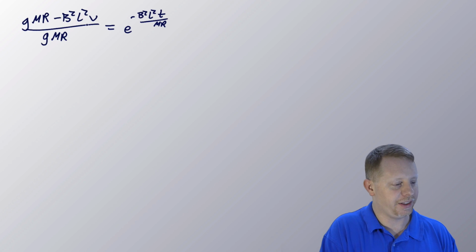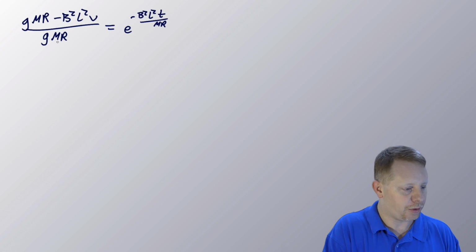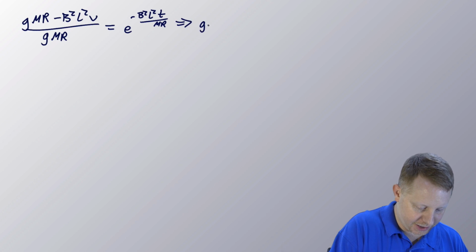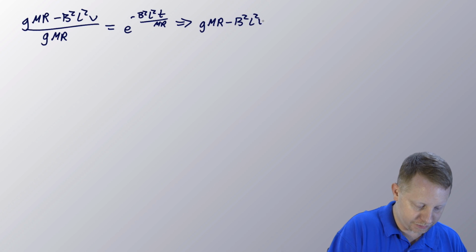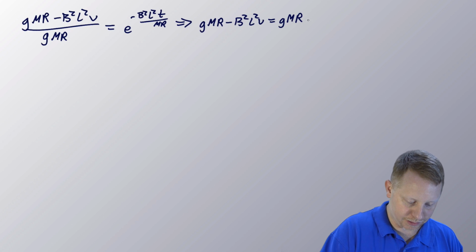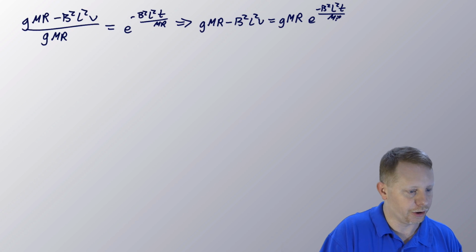So now I'm going to try and get the V all by itself. It becomes mostly an exercise in algebra. So if I multiply both sides by GMR, on the left-hand side I have G capital M capital R minus B squared L squared V. Right-hand side becomes G capital M capital R e to the minus B squared L squared T over MR.